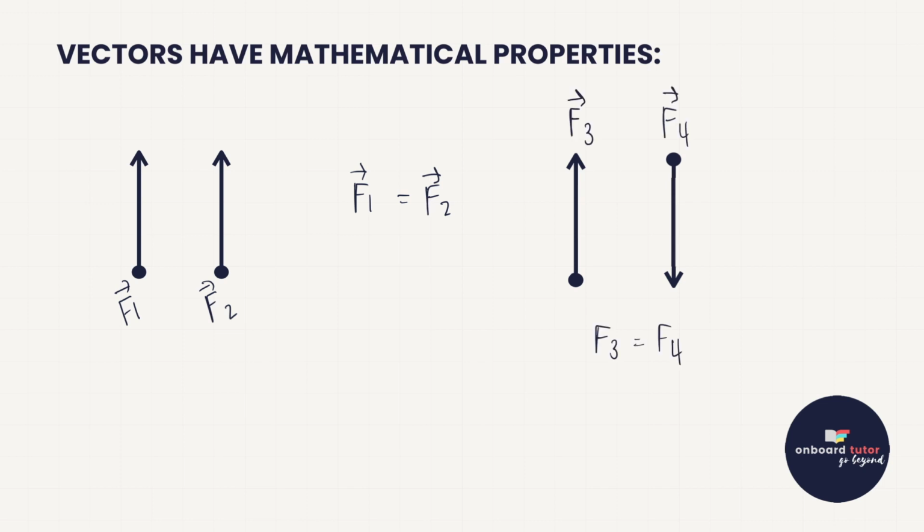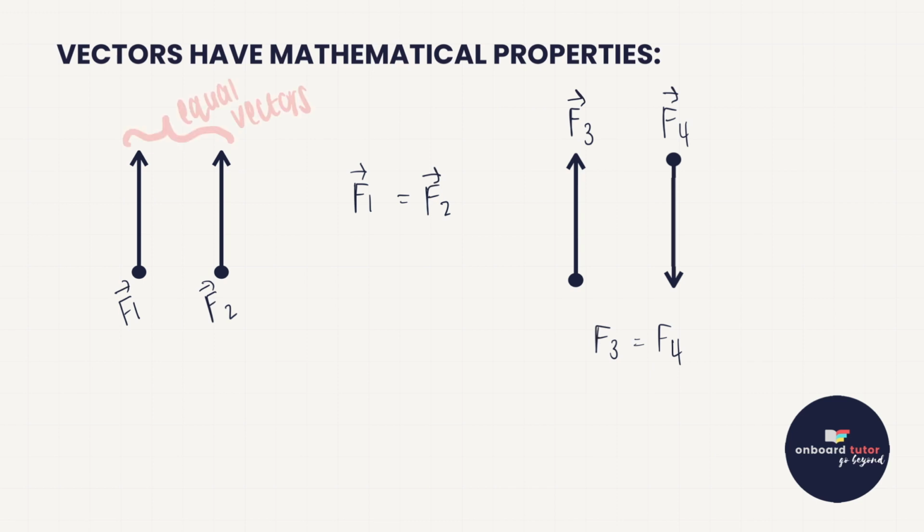So using vector notation, in this case where we have 2 vectors with the same magnitude, however not the same direction, we can say that the magnitude of force 3 is equal to the magnitude of force 4 by leaving out the arrows, and your marker will know exactly what you're referring to.